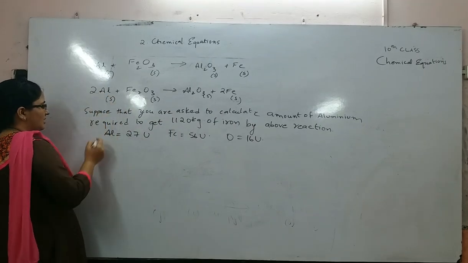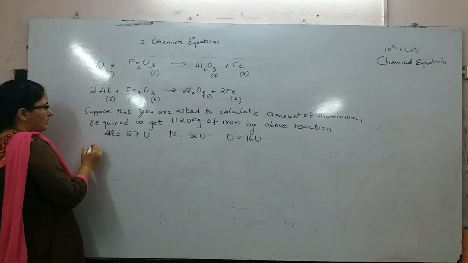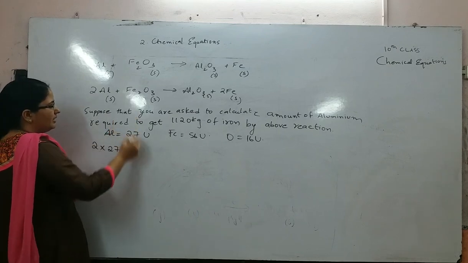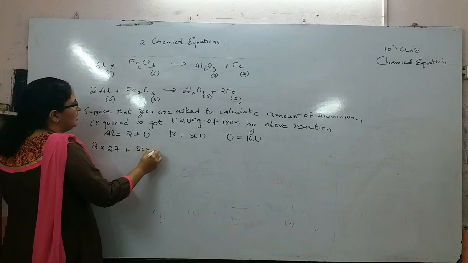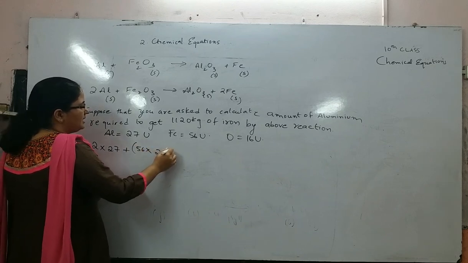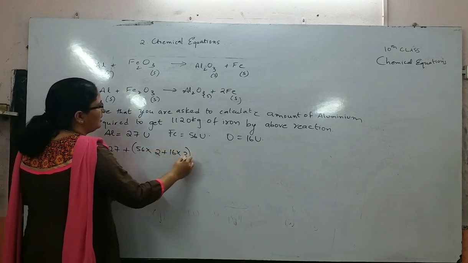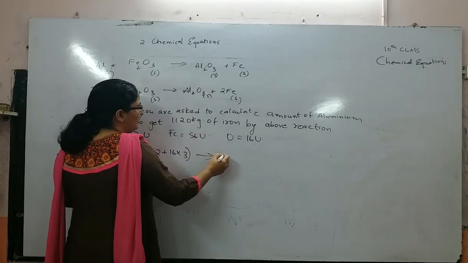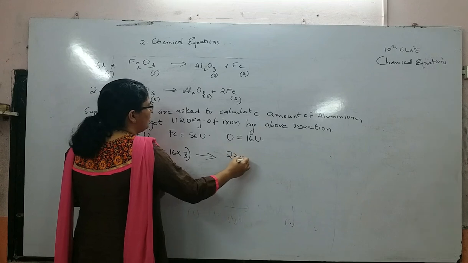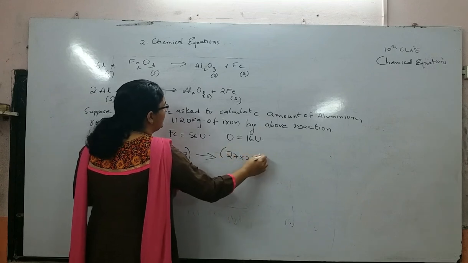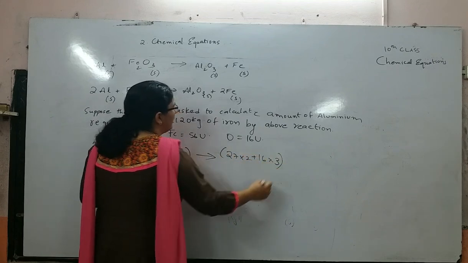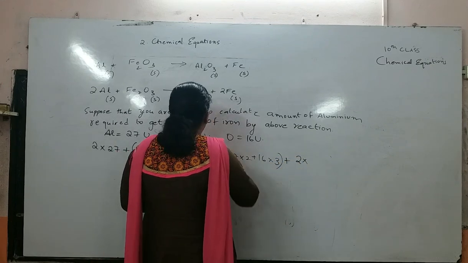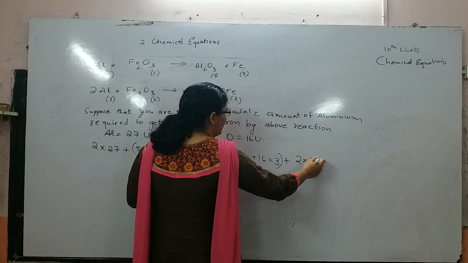Here 2 into Al, so 2 into 27, plus Fe2, that is 56 into 2, plus 16 into 3, giving rise to Al2, 27 into 2 plus 16 into 3, plus 2Fe, that is 2 into 56U.